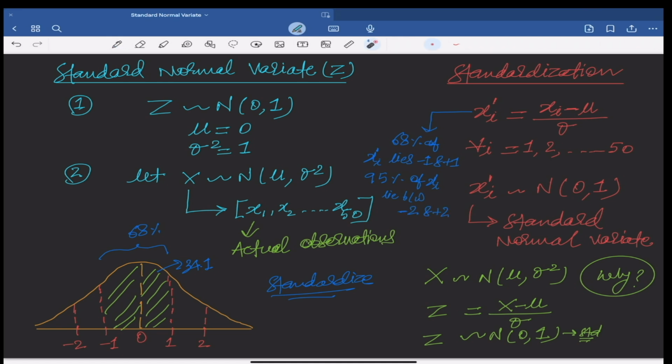So standardization is a good method wherein I can transform any random variable x with any mean and variance into a standard form, with a mean of 0 and a variance of 1. Once I convert to the standard format, I know exactly a few properties of a standard normal variate, like small z or capital Z, that I can quickly understand and interpret.